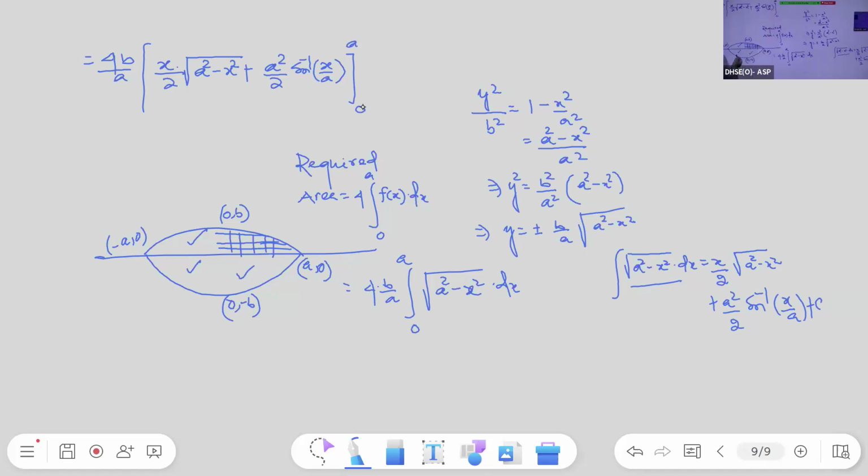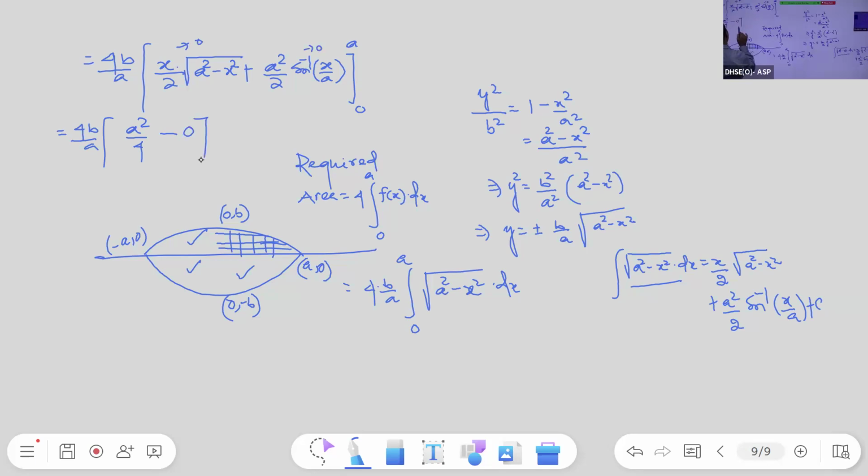This is equal to 4b by a into, if you substitute x is equal to a, the first term will be 0, since a square minus a square is 0. In the second function, sin inverse a by a is sin inverse 1, which is pi by 2. So a square by 2 into pi by 2 will be pi a square by 4, minus, if we substitute x is equal to 0, the first function will be 0 and the second function also will be 0.